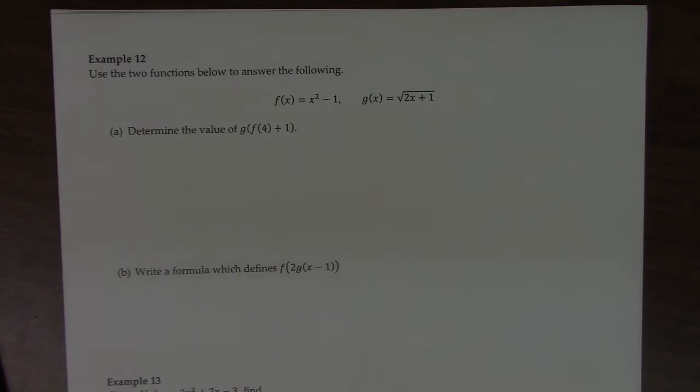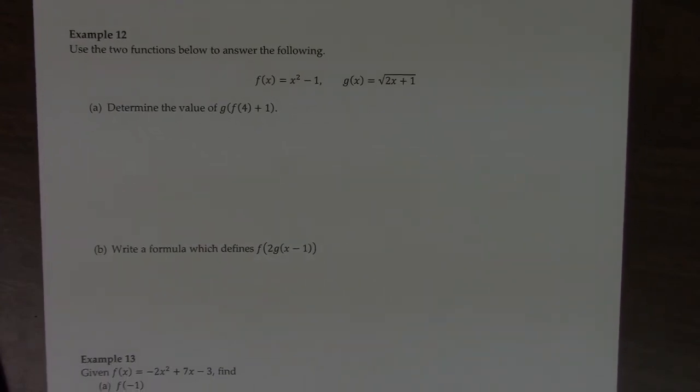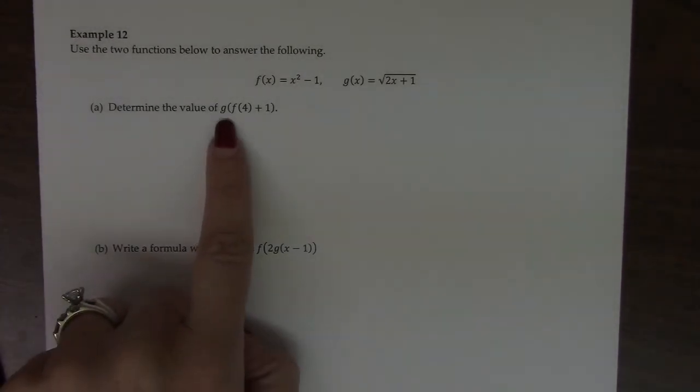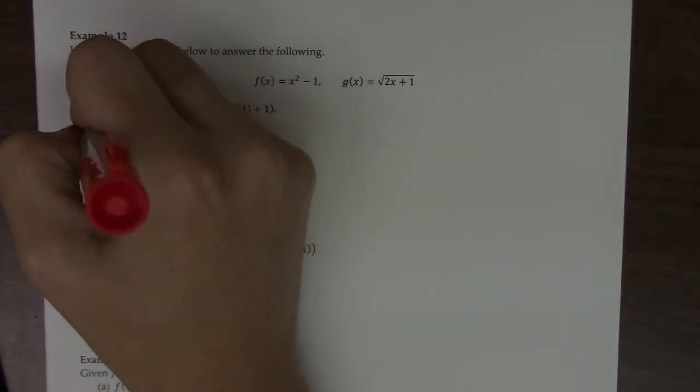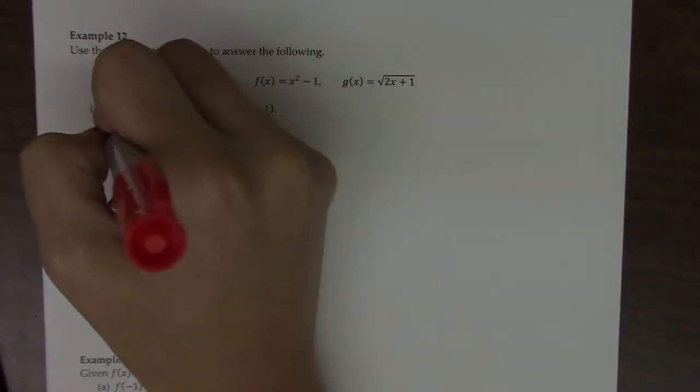All right, use the two functions below to answer the following. We've been given two equations, and we want to know what g of f of 4 plus 1 is. The first thing I would do is ask, what is f of 4? I'm going to rewrite the expression we were given.